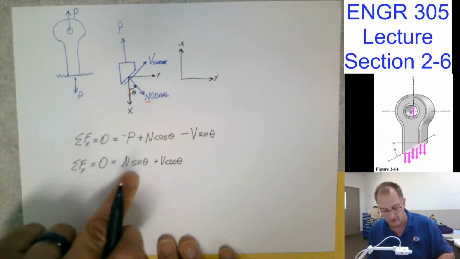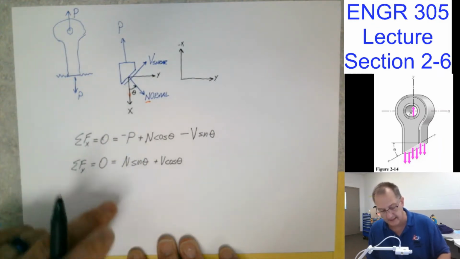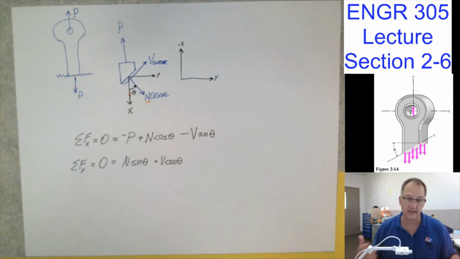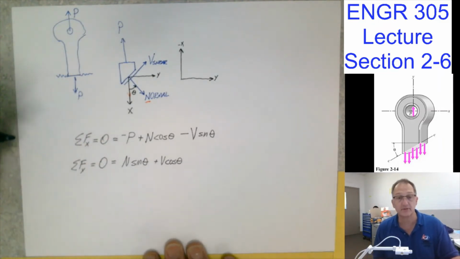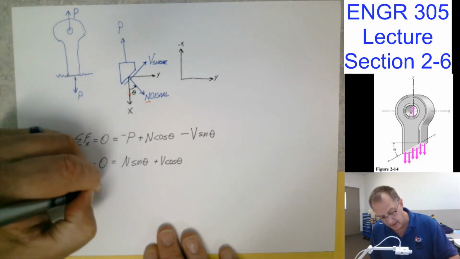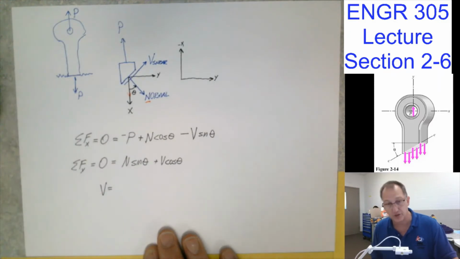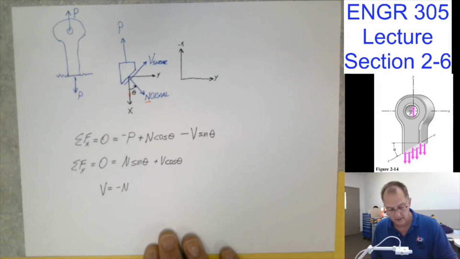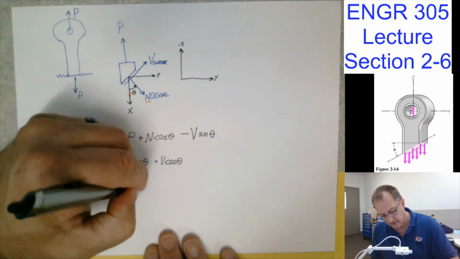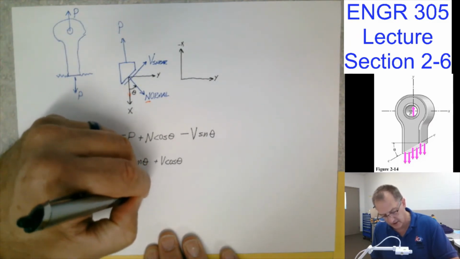I can solve, or at least I can start solving this. I know I've got to do trig, but I can substitute around and get that V, the shear force, is equal to minus N times sine of theta over cosine of theta.